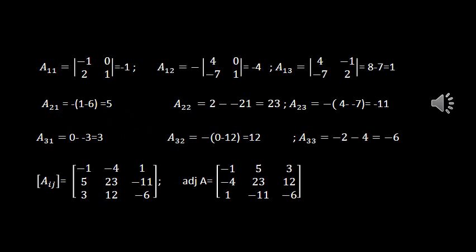Here also we found the cofactors A11, A12, A13, A21, A22, A23, A31, A32, A33. So the cofactor matrix is written, and the adjoint is the transpose of the cofactor matrix, that is the matrix with rows negative 1, 5, 3; negative 4, 23, 12; 1, negative 11, negative 6.